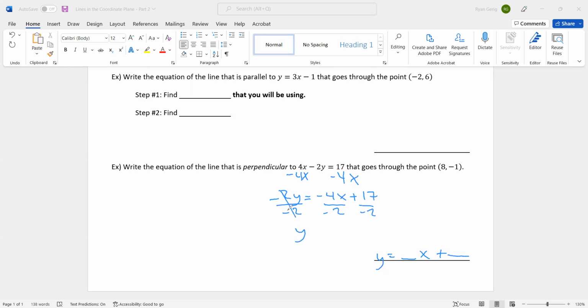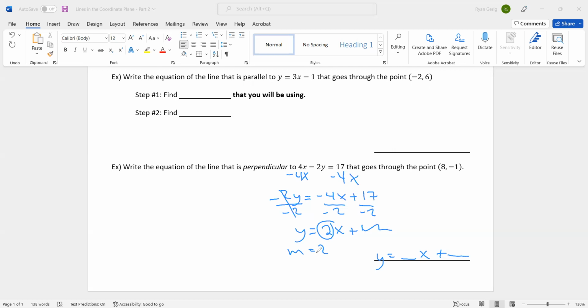I get y equals negative divided by negative is positive. 4 divided by 2 is 2, so positive 2x. 17 divided by -2 is not a good number, but I don't really care what that number is because all I want is the slope here. The slope is 2. Now, be very careful.